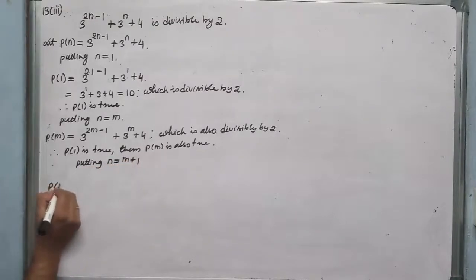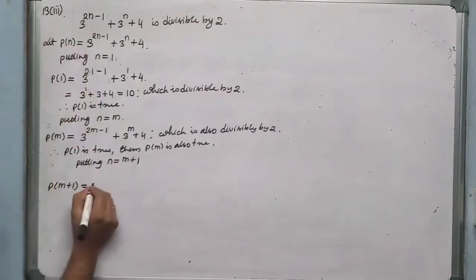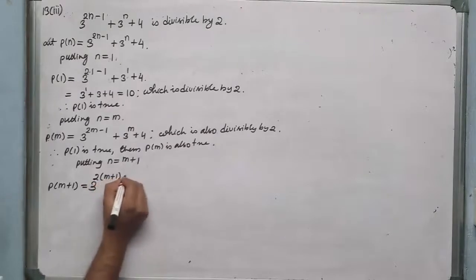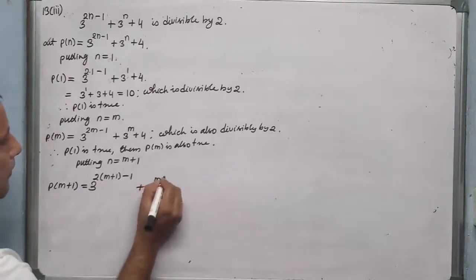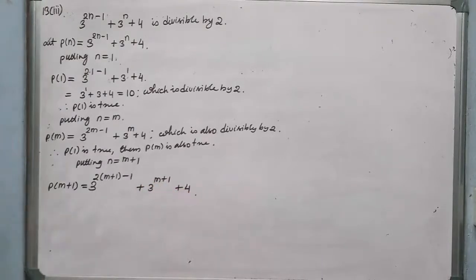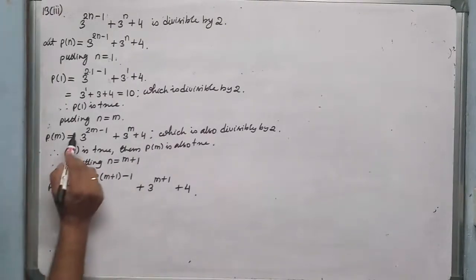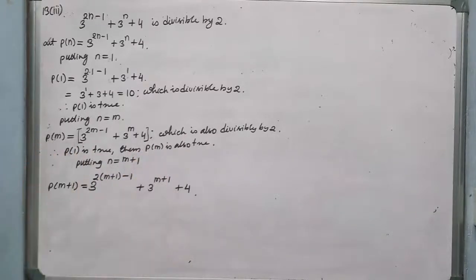Then Pm plus 1 equals, I'll substitute over here, 3 to the power 2 into m plus 1 minus 1 plus 3 to the power m plus 1 plus 4. Now again the same method: you have to manage the m series. For that, I'll simplify this.